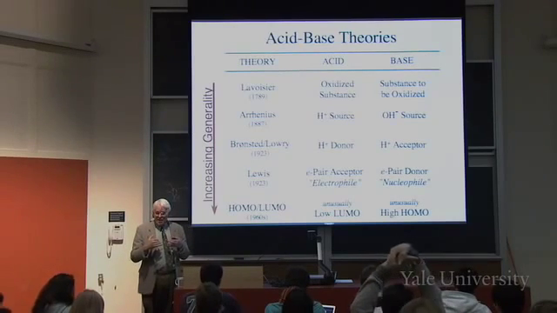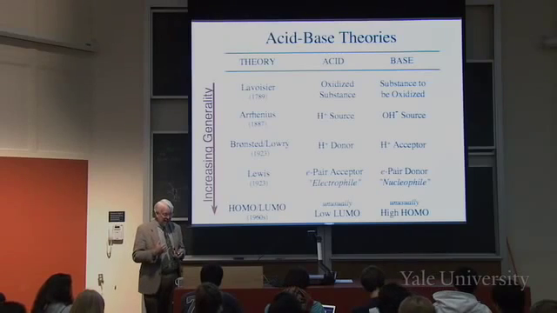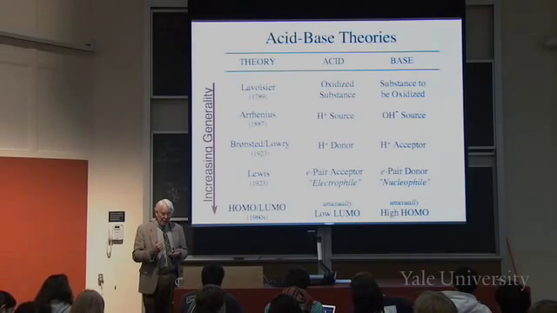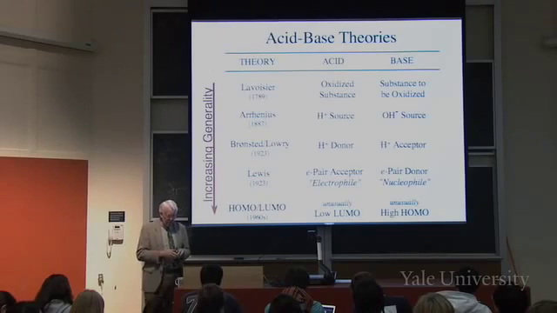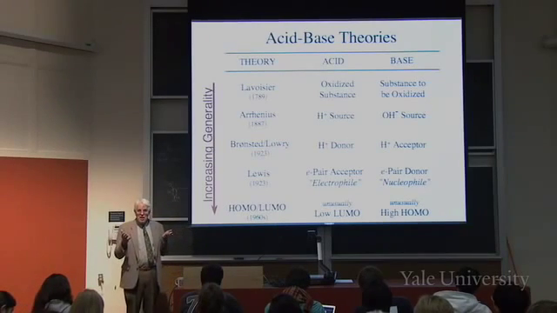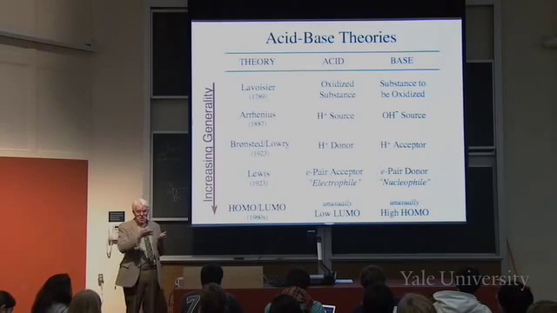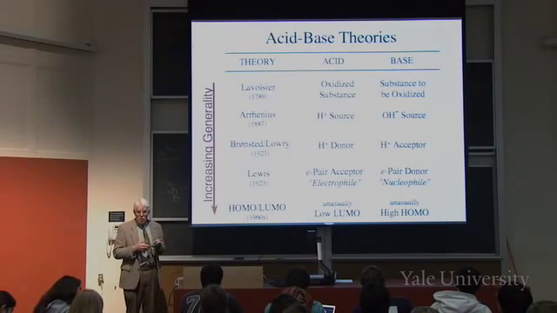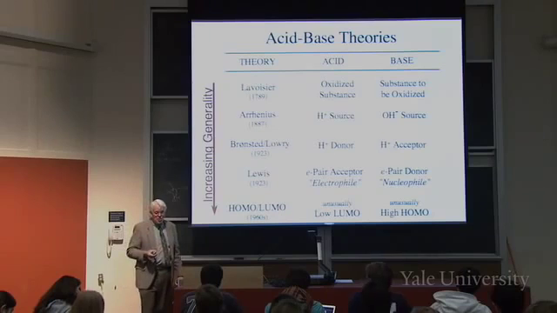Electrons like to be in a low energy orbital. So that is the ultimate definition of what an acid is. And by the same token, an unusually high HOMO has electrons that are eager to avail themselves of some vacant orbital to lower their energy, and that is a base.